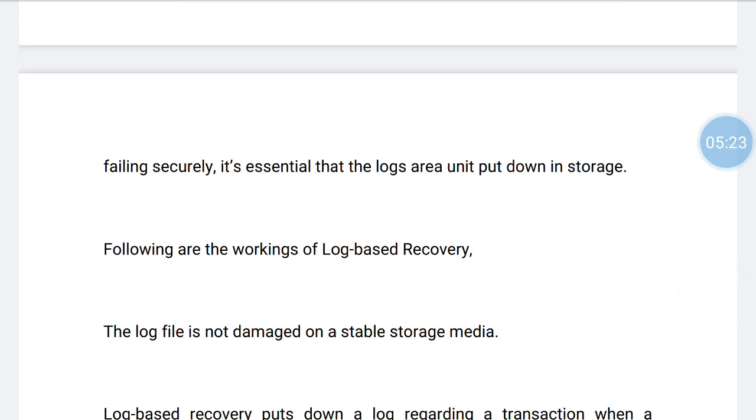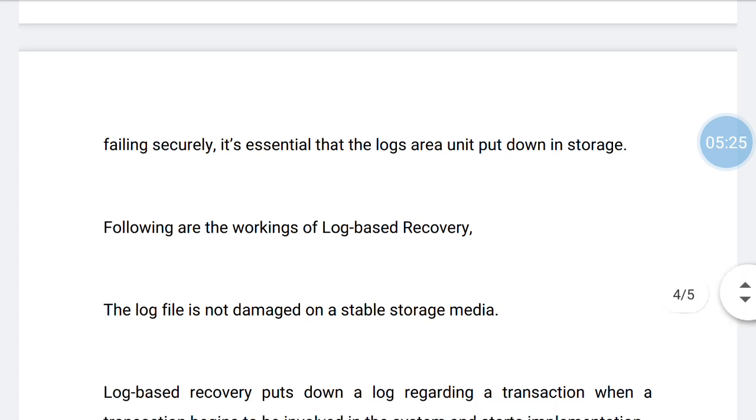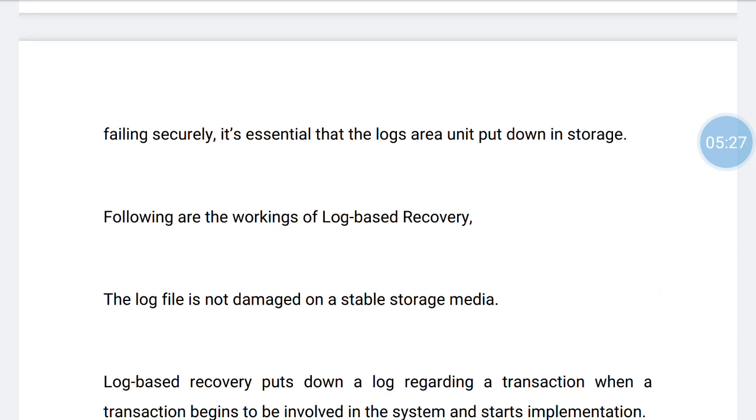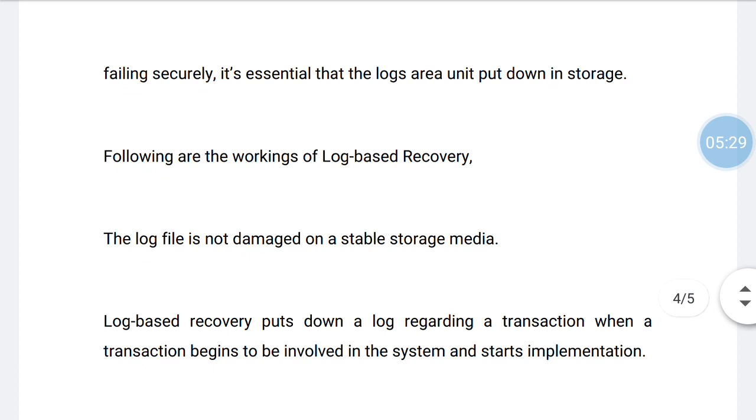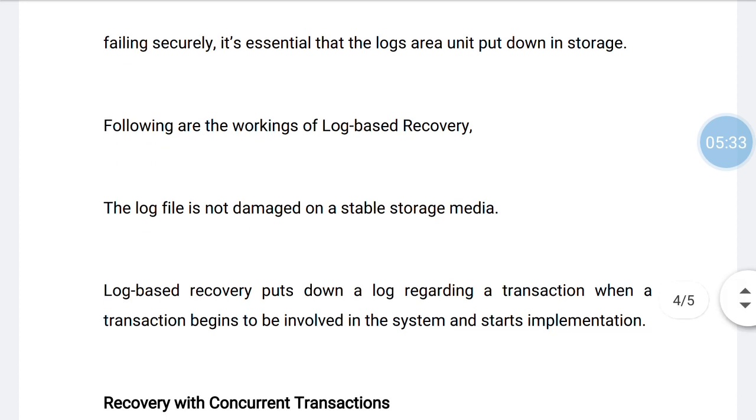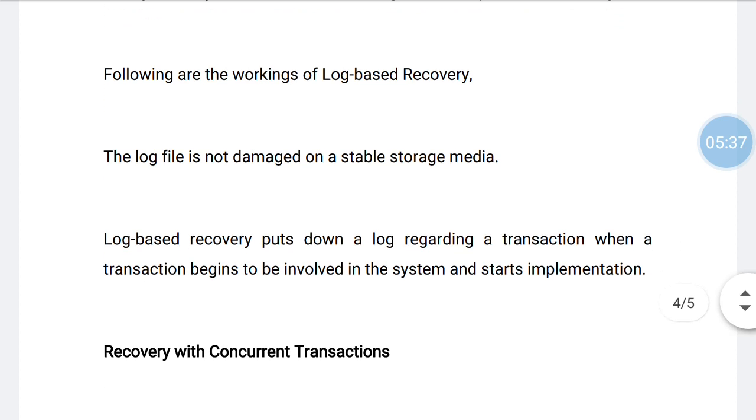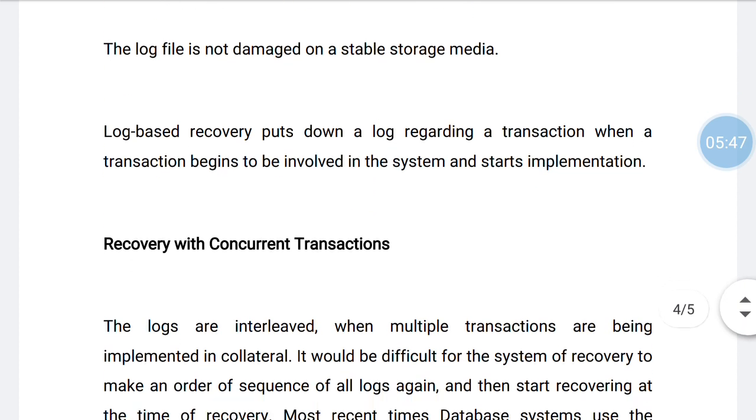It is essential that the logs are put down in storage. Following is the working of log based recovery. The log file is not damaged on a stable storage media. Log based recovery puts a log regarding a transaction when the transaction begins and starts execution.